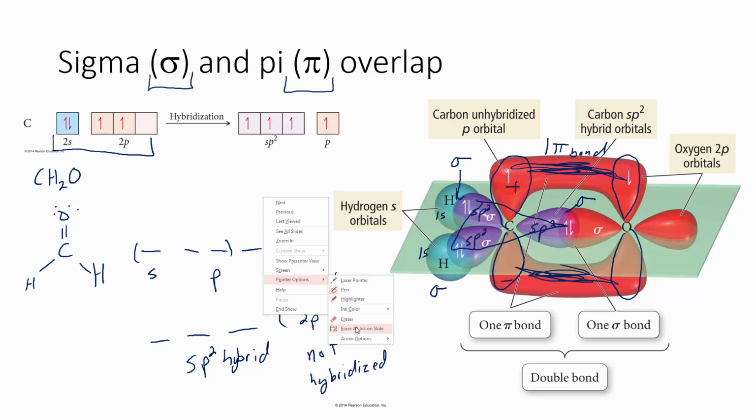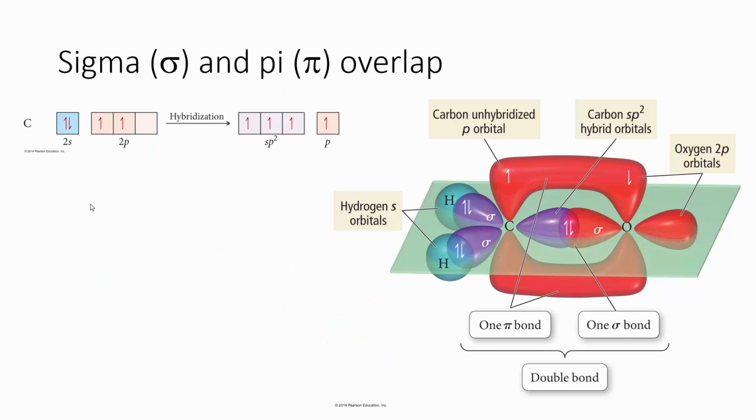So how can we describe this? Well, we can describe this as carbon's bonds. We can say carbon has 3 sigma bonds, and those sigma bonds are situated between carbon's sp2 and hydrogen's 1s, and we have 2 of those.